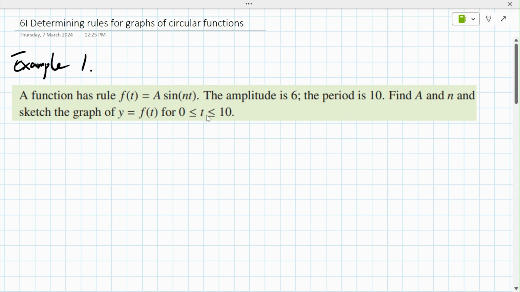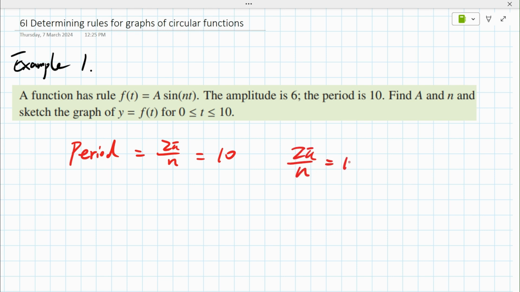For example, in this question the amplitude is 6 and the period is 10, so we're going to find A and n. We know period equals 2 pi over n, so 2 pi over n equals 10.